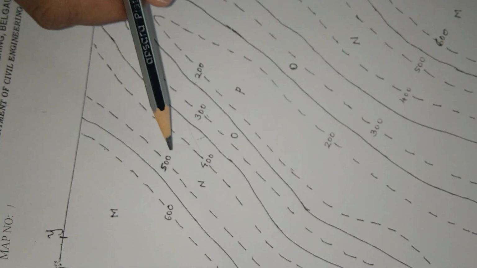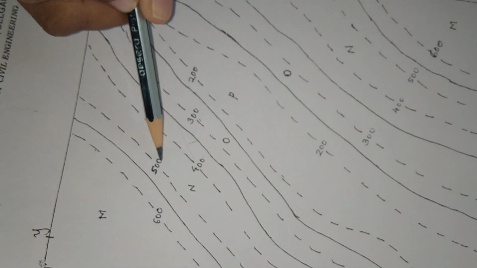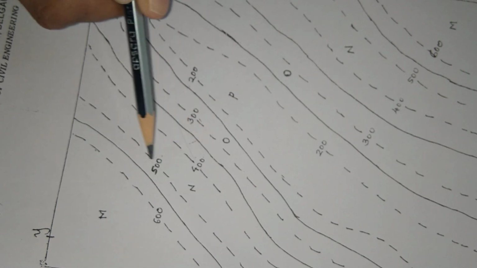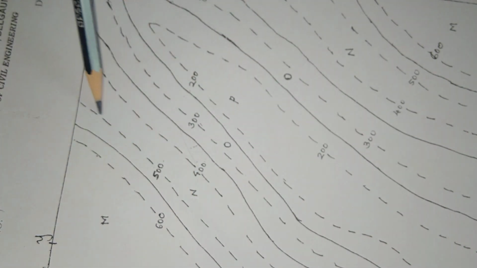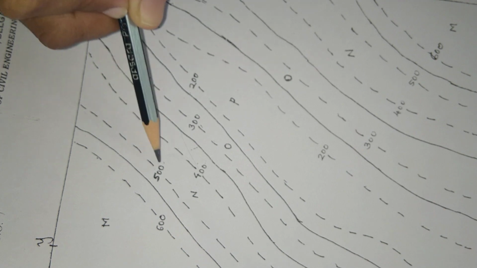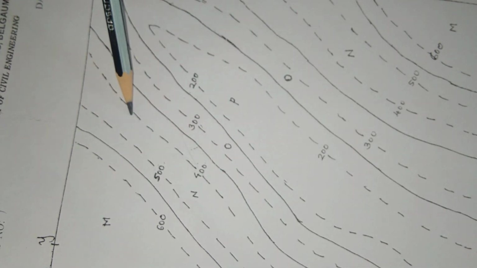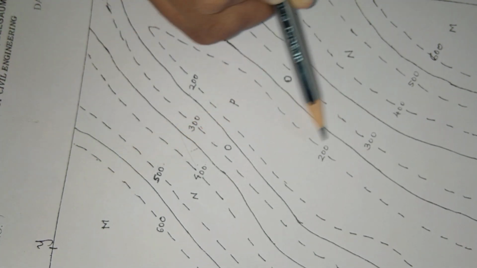They are always numbered. What do these numbers indicate? They indicate the height above mean sea level. Along this line the height above mean sea level is 500 meters, and along this line the height is 400. Like that the contour values will be given.